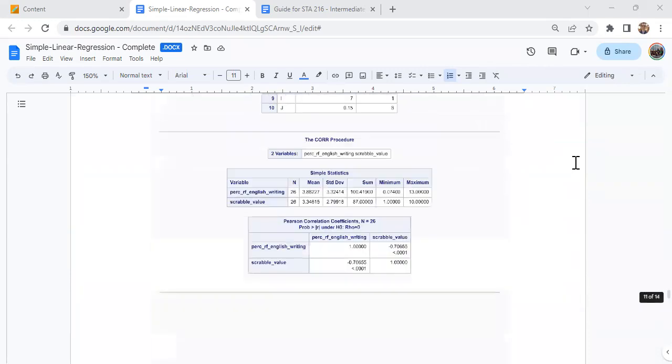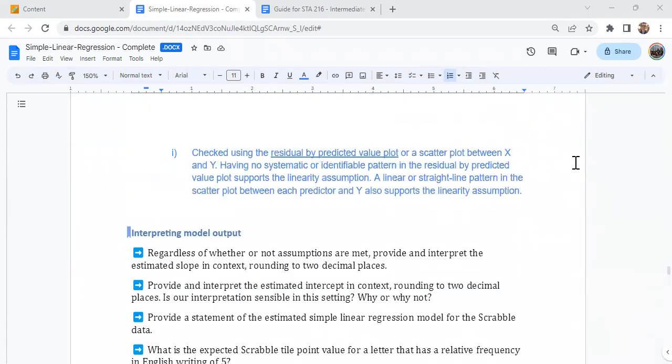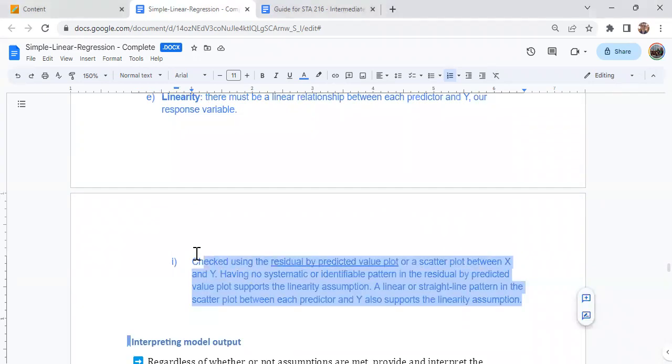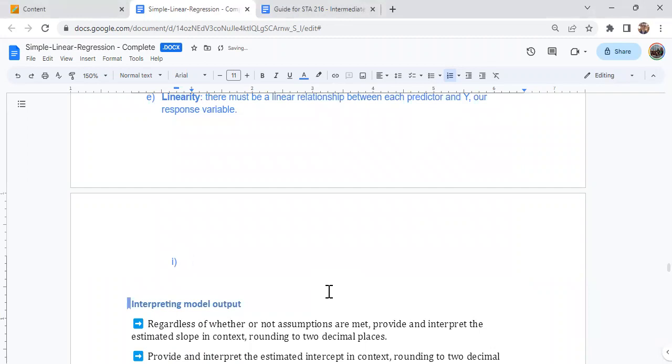So we'll say there does not appear to be a straight line.